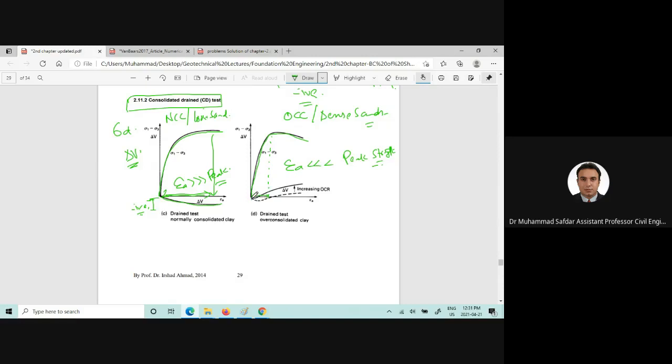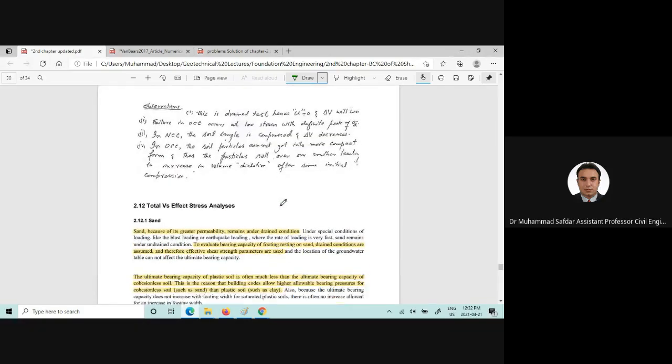For example, if we start with the lower OCR samples, OCR of 1, OCR of 3, OCR of 4, you can clearly see that the dilatancy of these types of soils, the dense sand, will increase with increasing the density or the OCR of the clays. So that was just a recap of what we discussed in Biotech 2.